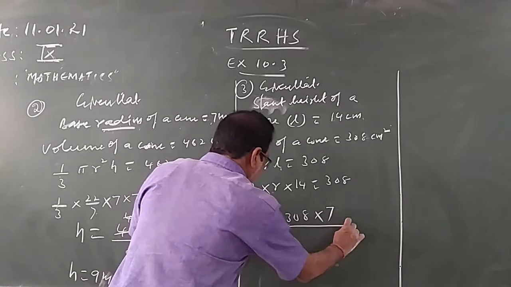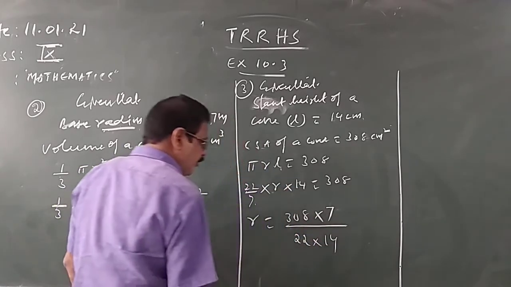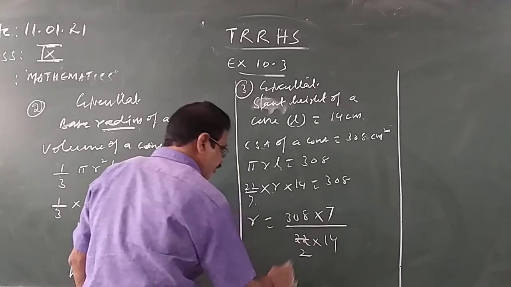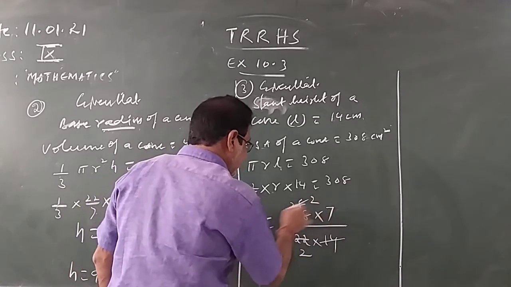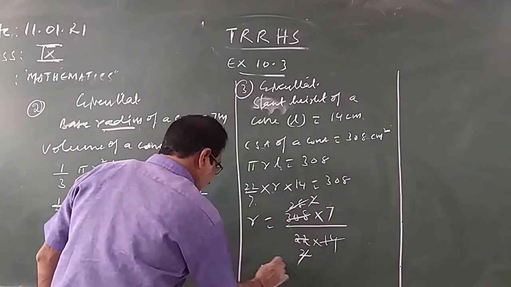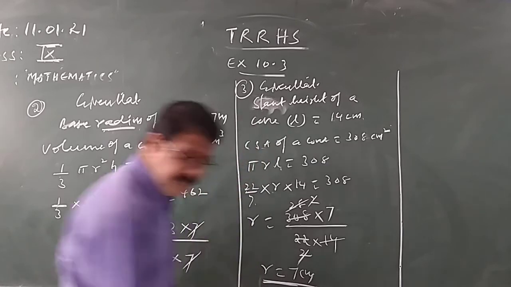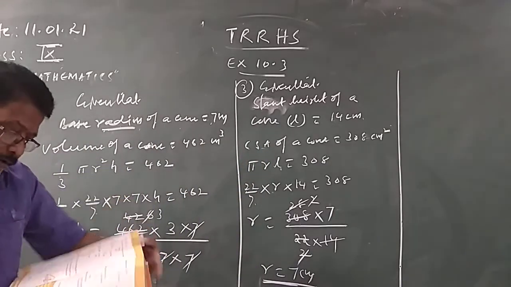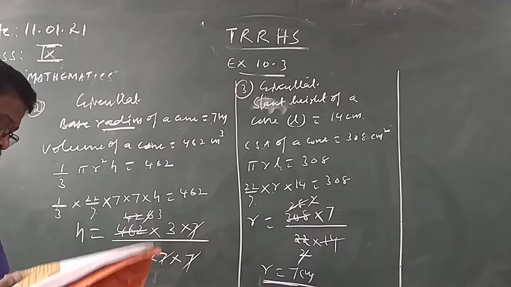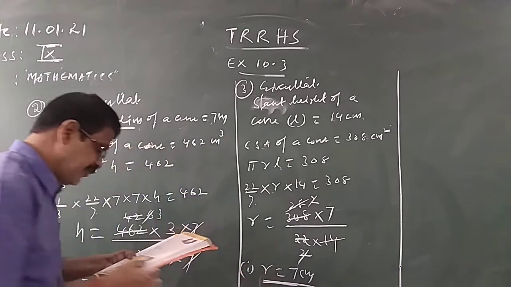Now 11 2s are 22, 14 2s are 28. r is equal to 7 centimeters. We got the radius of the base, the first bit. They asked to find the radius of the base, 7 centimeters.